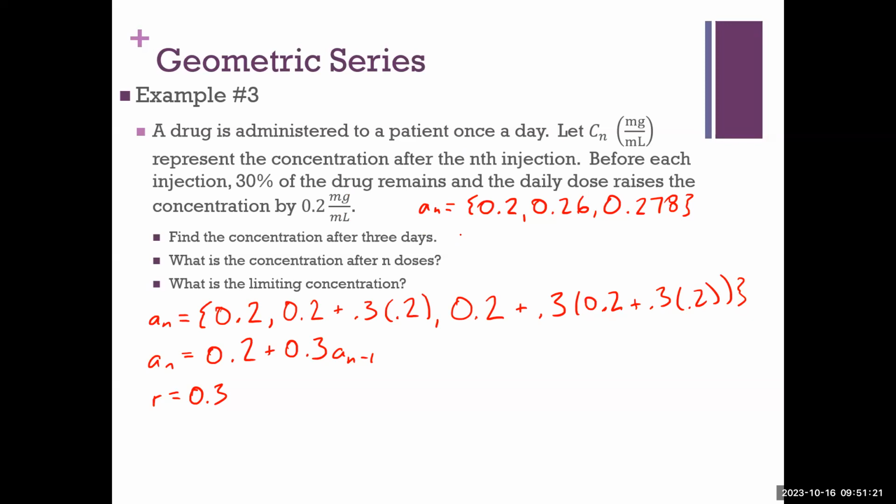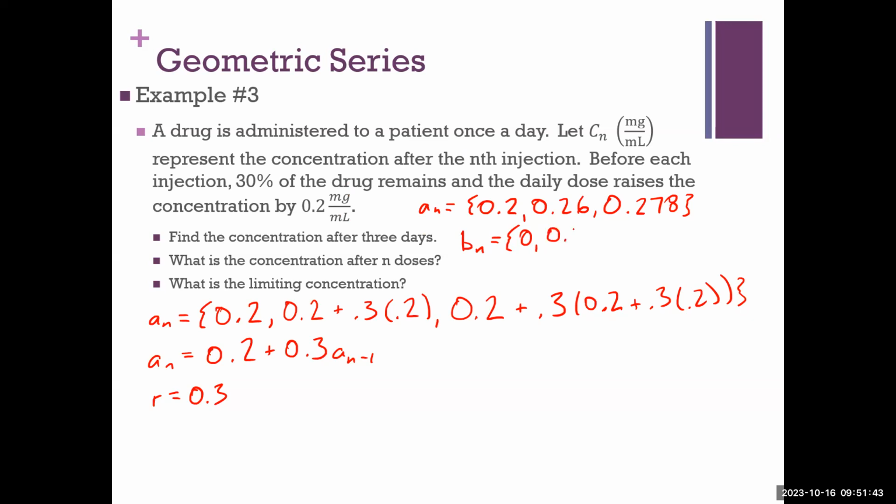What if we build up a second sequence where we're just looking at the differences, irrespective of that additive component? So I'm going to subtract 0.2 from all these.